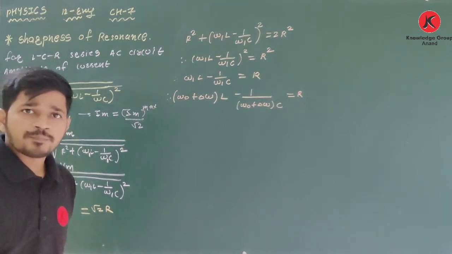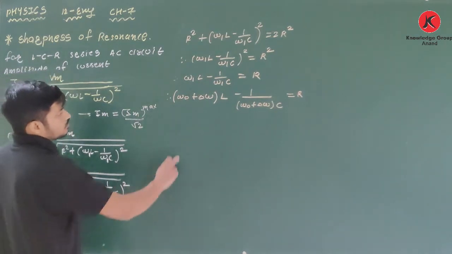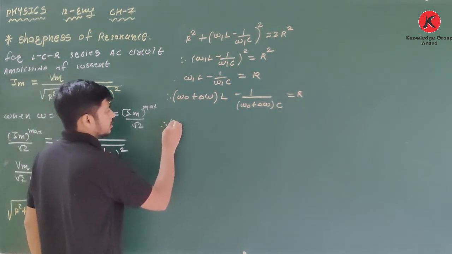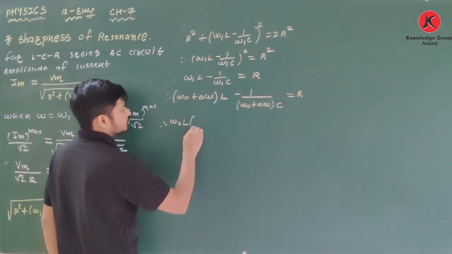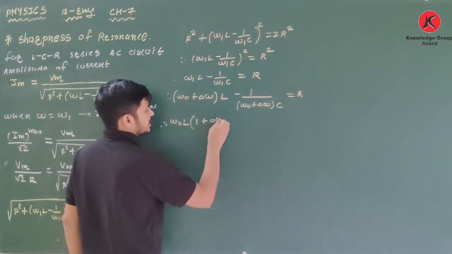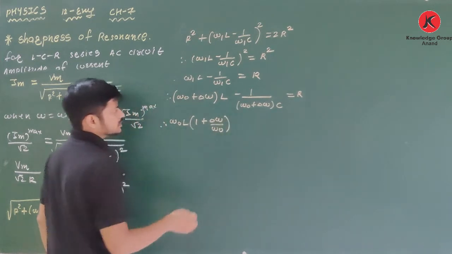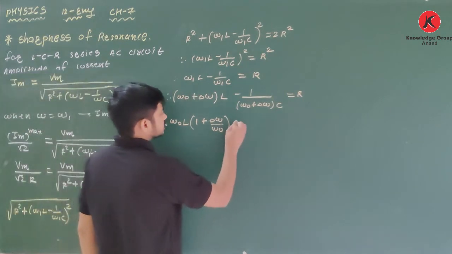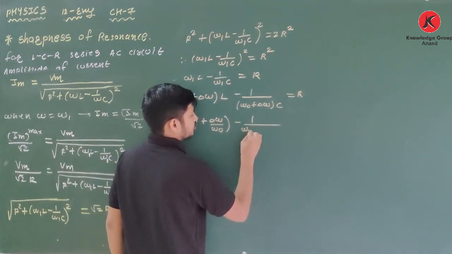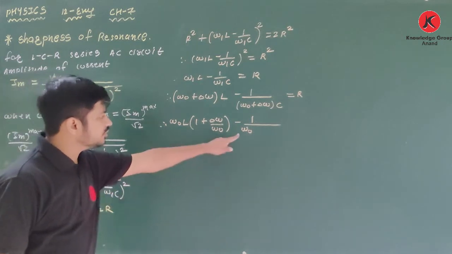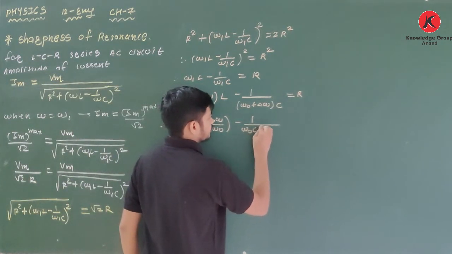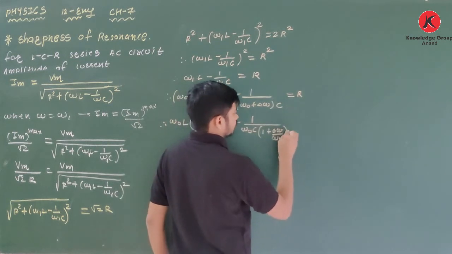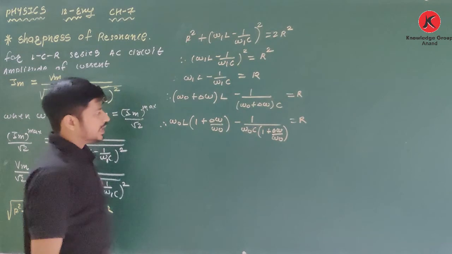Clear about this? Okay. Now take omega 0 common. L is outside, and here it will become 1 plus delta omega upon omega 0, minus 1 upon, if you take omega 0 common in this denominator, 1 upon omega 0 C times 1 plus delta omega upon omega 0, is equal to R. Any doubt?